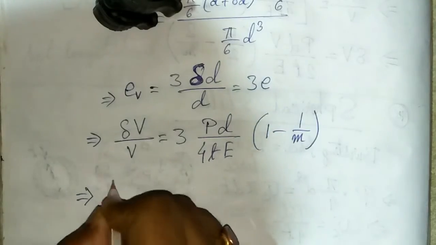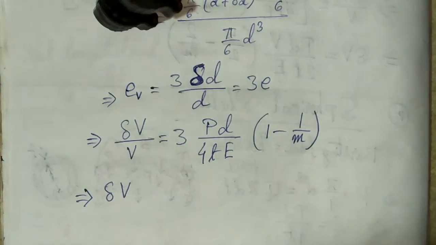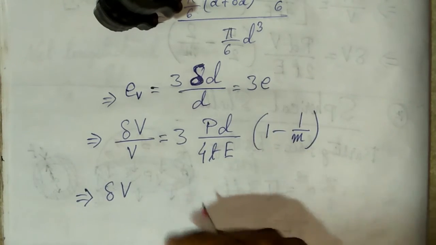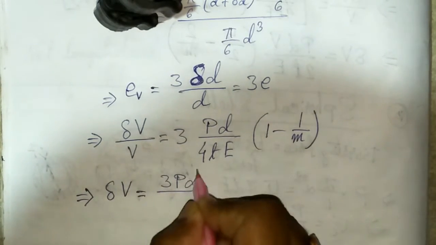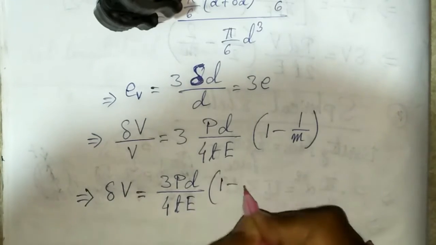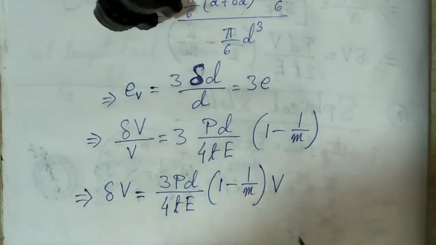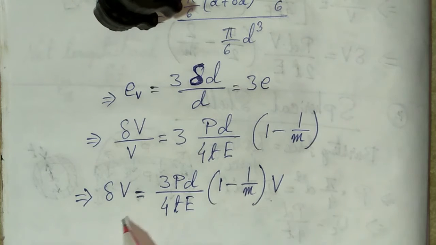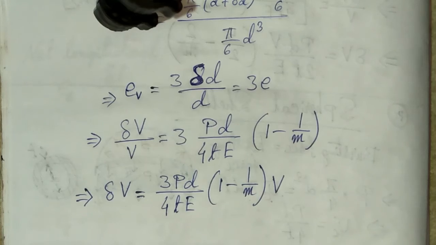So the change in volume becomes 3 pd by 4tE into (1 minus 1 by m) into V, where V is the actual volume. So delta V, the change in volume, equals 3 into pd by 4tE into (1 minus 1 by m) into the actual volume.